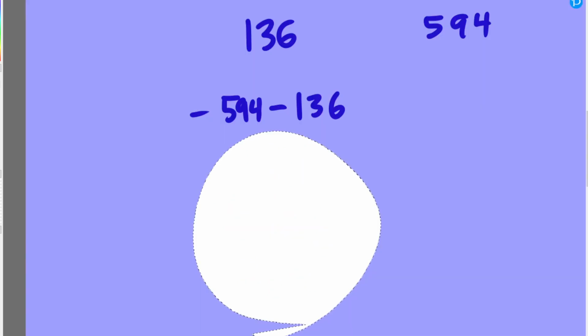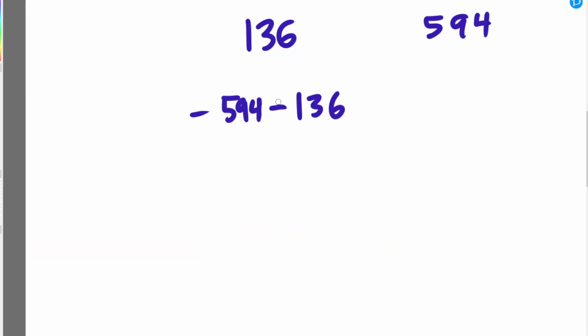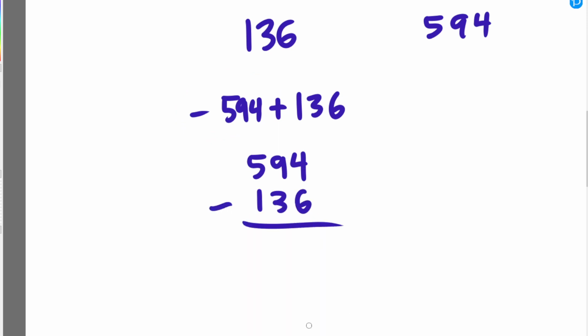What if you have something like negative 594 plus 136? Well, we know that there's one negative and one positive, so we're going to be minusing. And we know that the bigger term is a negative, but we can still set it up as though we are minusing a positive from a negative, like in our original one.